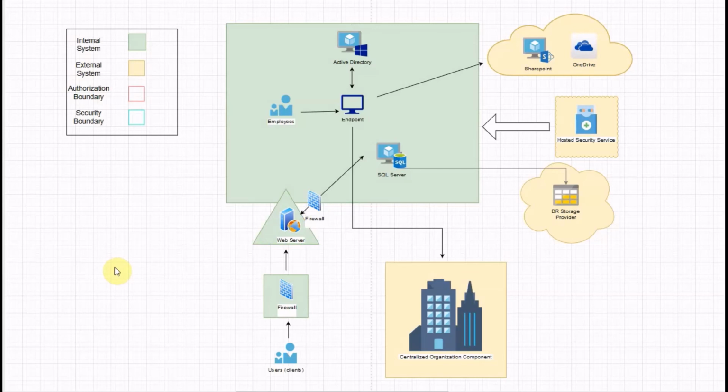So again, just to kind of wrap things up, when we're talking about internal or external systems, it really comes down to who has control. And if we have total control over something, it's an internal system. But if there is some power exercised by a third party, that's going to be external to the information system.